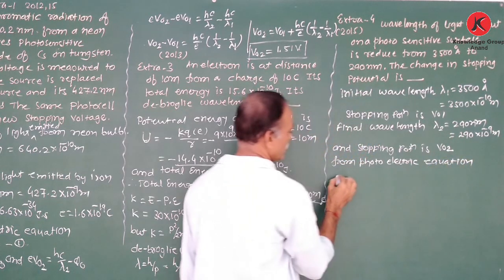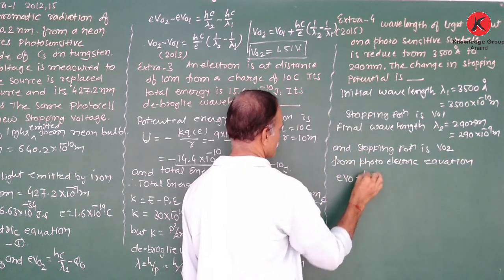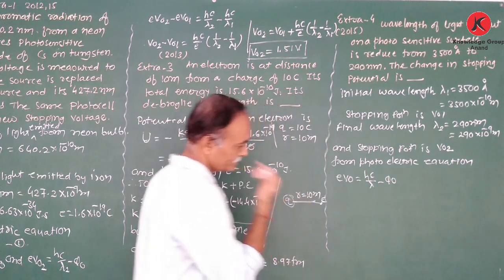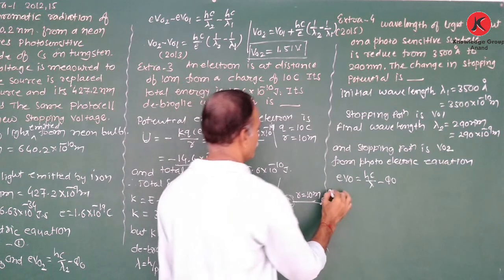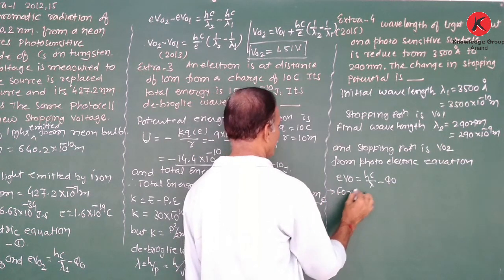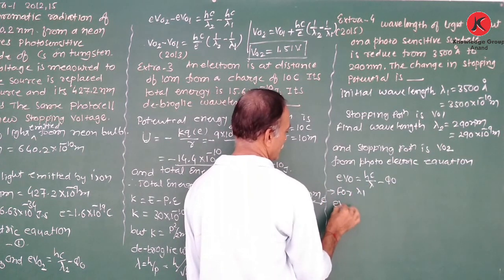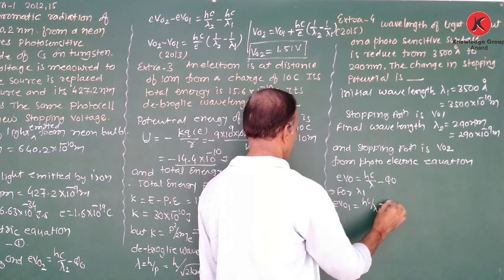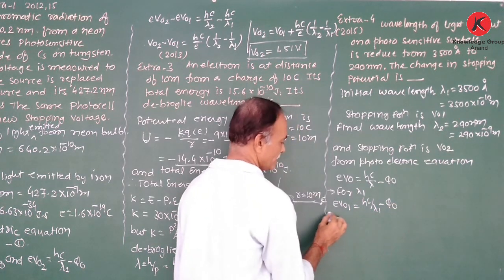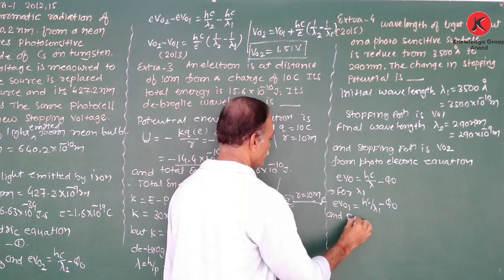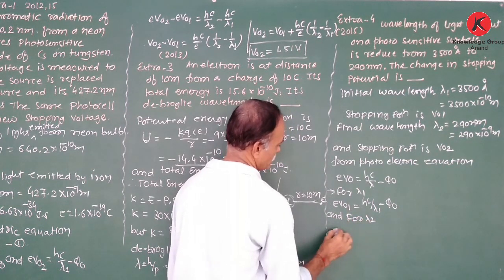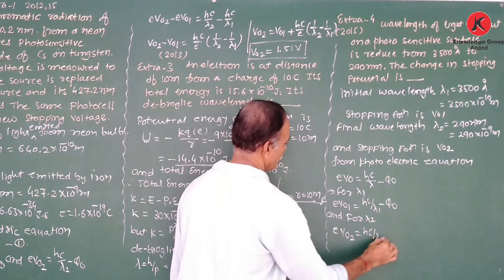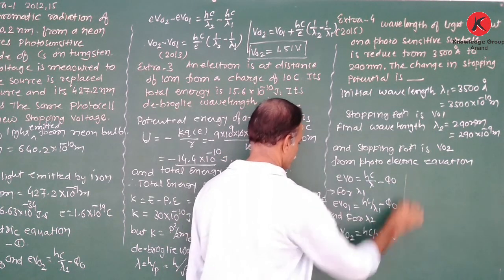we can write eV0 equal to hc upon lambda minus phi 0. Therefore, for lambda 1, eV01 is equal to hc upon lambda 1 minus phi 0. And for lambda 2, eV02 is equal to hc upon lambda 2 minus phi 0.